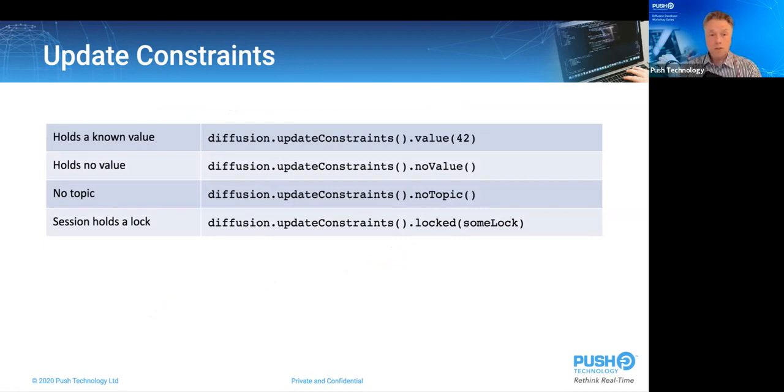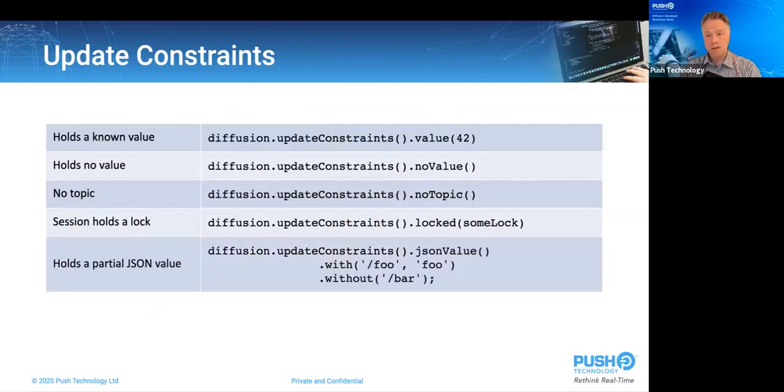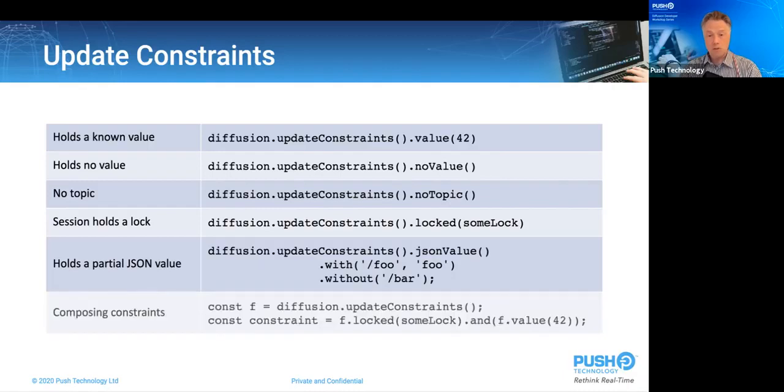And somewhat like the JSON patch test operation, this update constraint will check parts of the JSON value held on the topic being updated. This constraint will constrain an update to only a topic holding the field foo with the value foo and that has no bar property. Finally, we can compose constraints as well. For example, assert that a topic is locked and holds a known value.